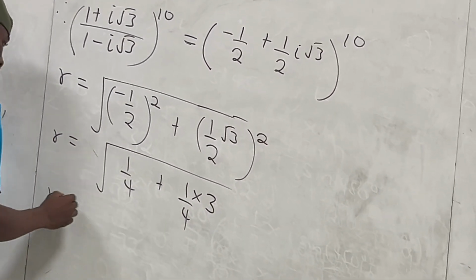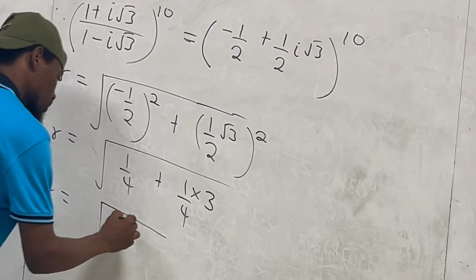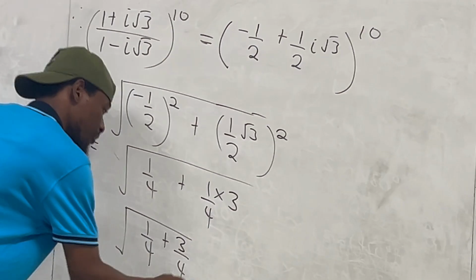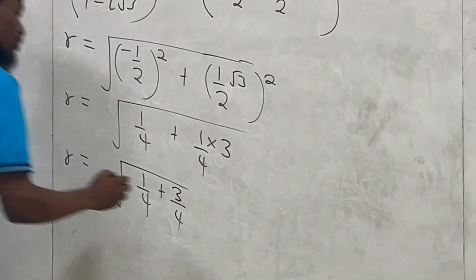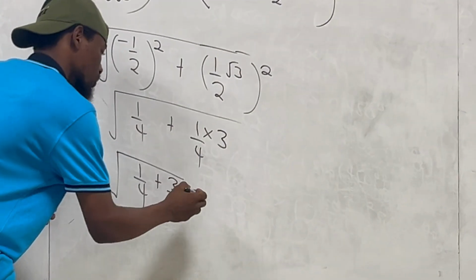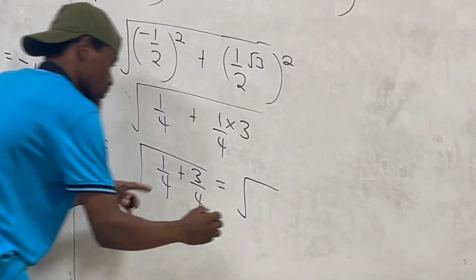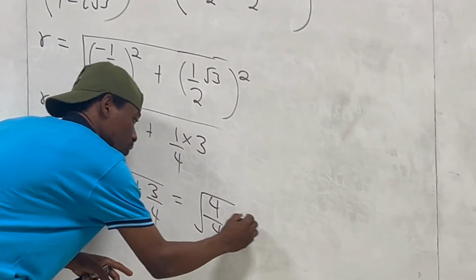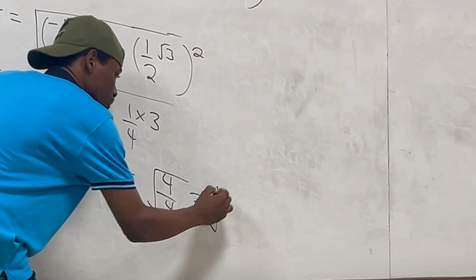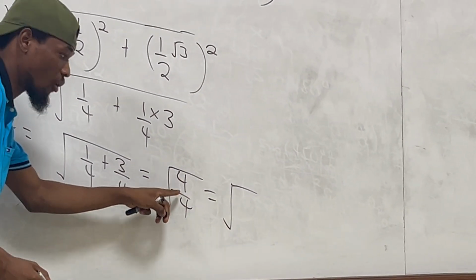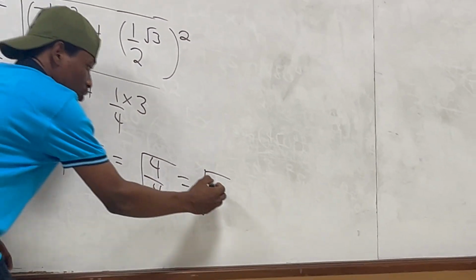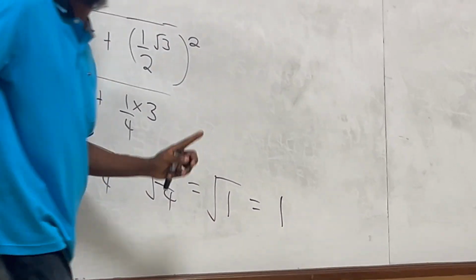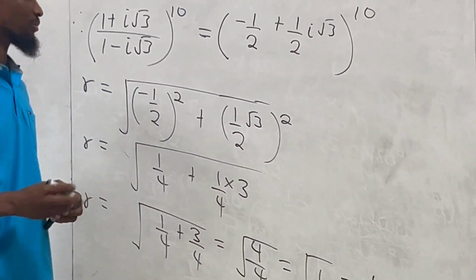So r is equal to 1 over 4, then plus 1 over 4 times 3, which is 1 over 4 plus 3 over 4, which is 4 over 4, which is 1. And the square root of 1 is 1. Step by step.